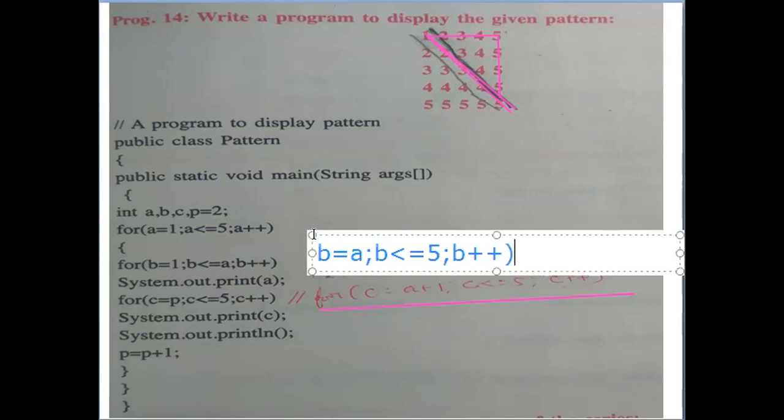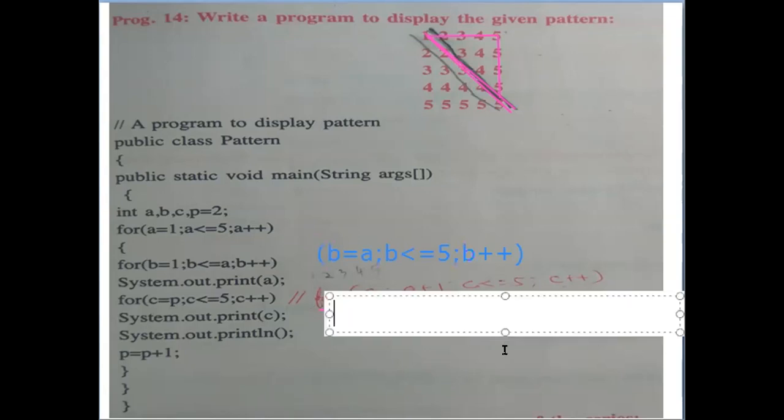That's what he said for this loop. Now, what about this loop then? Sir, C is equal to 2 and then C is less than or equal to A. C is equal to 2, C is less than or equal to A. Good.